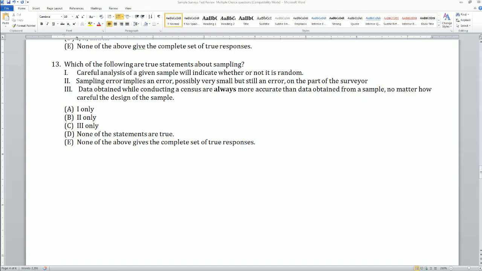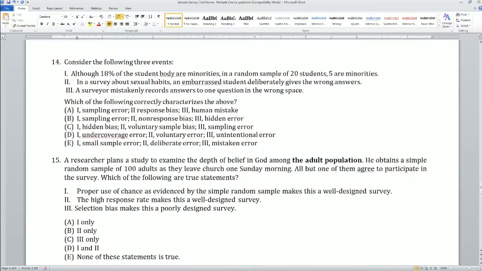14, then 15. Let's do 14 first. Consider the following three cases. One, although 18% of the student body are minorities, in a sample of 20 students, five are minorities. Two, in a survey about sexual habits, an embarrassed student deliberately gives a wrong answer. Three, the surveyor mistakenly records answers to one question as another. Which of the following correctly characterizes the above?